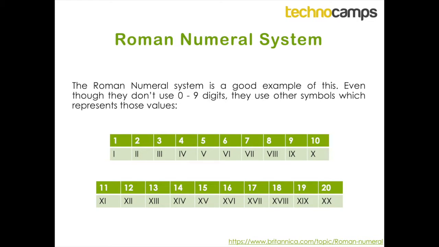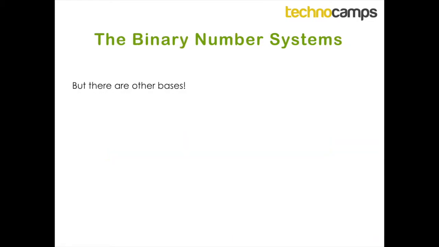Even though the Roman numeral system uses different symbols, they still operate the same way as the decimal number system. That is to say, they use 10 digits, 0 to 9. But there are other bases. One particular base that is the main focus of this video is binary, also known as base 2.